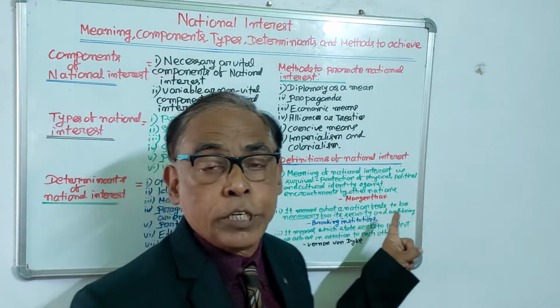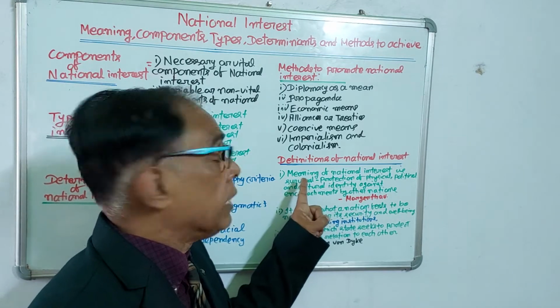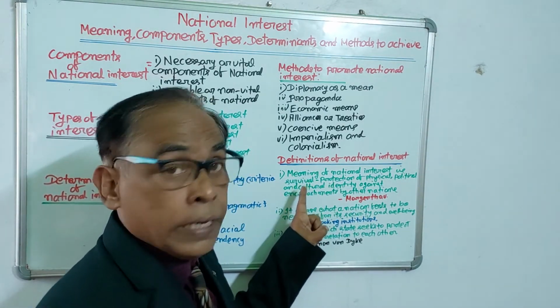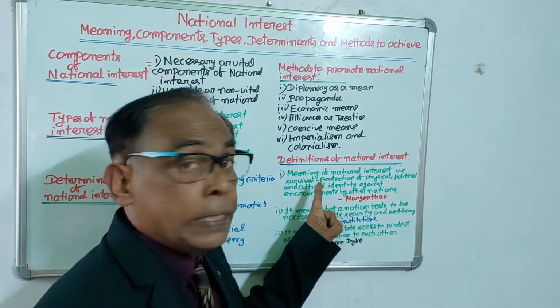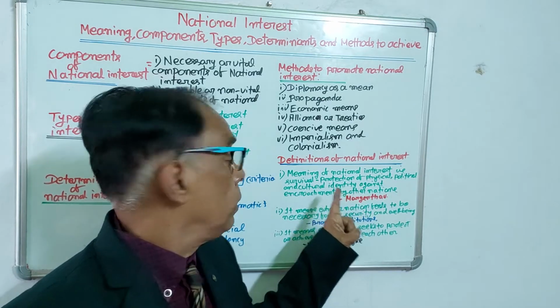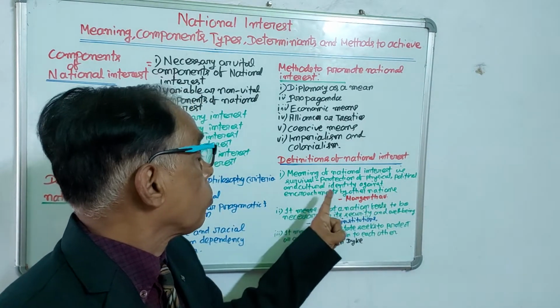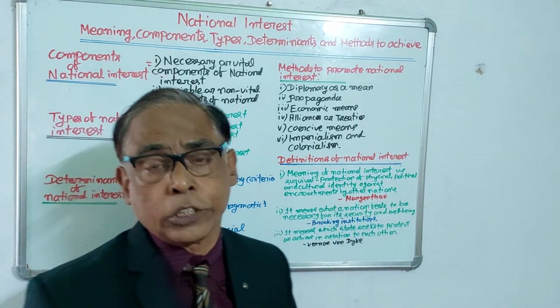The first definition has been given by Morgenthau. According to Morgenthau, national interest means survival, protection of physical, political, and cultural identity against encroachment by other nations.